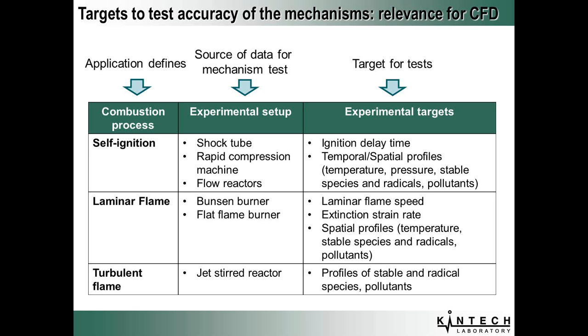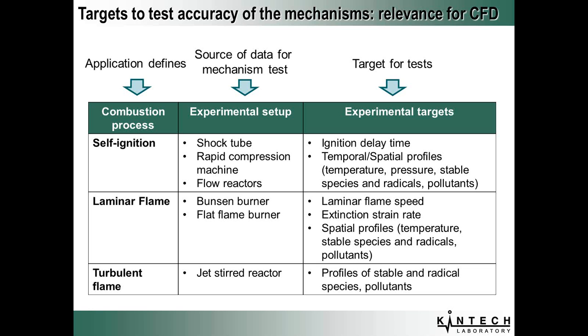So in these experiments, people get information on the following quantities which we call experimental targets. It is, for self-ignition, ignition delay time, and temporal or spatial profiles for temperature, stable species and radicals, and pollutants.